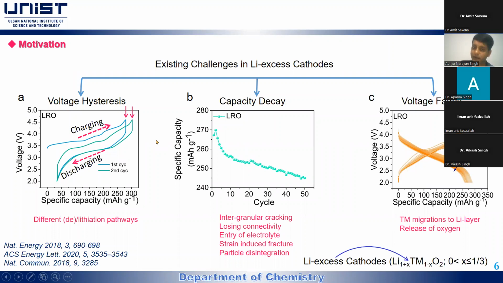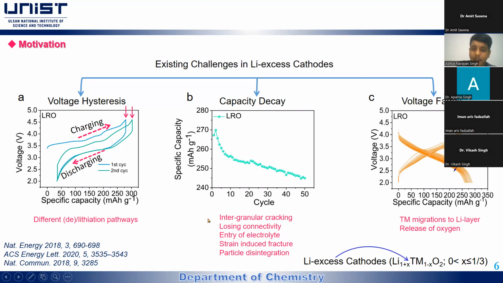The second is capacity fade. We often see that when we buy a new phone, after a certain number of charges, we need to charge it frequently. This happens because most of the cathodes are polycrystalline, or are mostly made up of LCO, which is polycrystalline. A polycrystalline material is a material which has many grain boundaries. When we have several charge and discharge cycles, these grain boundaries experience stress.